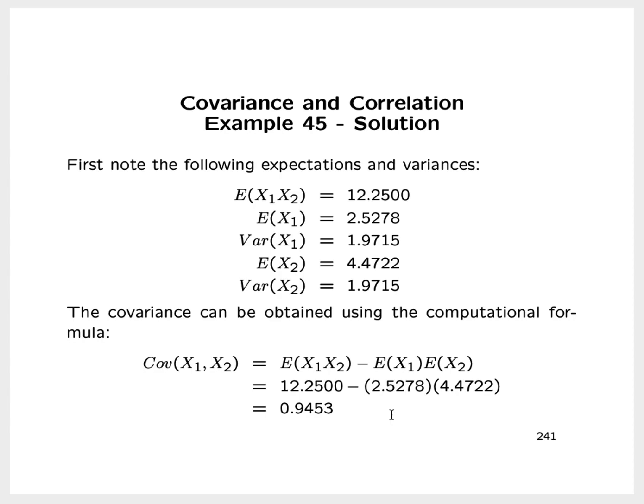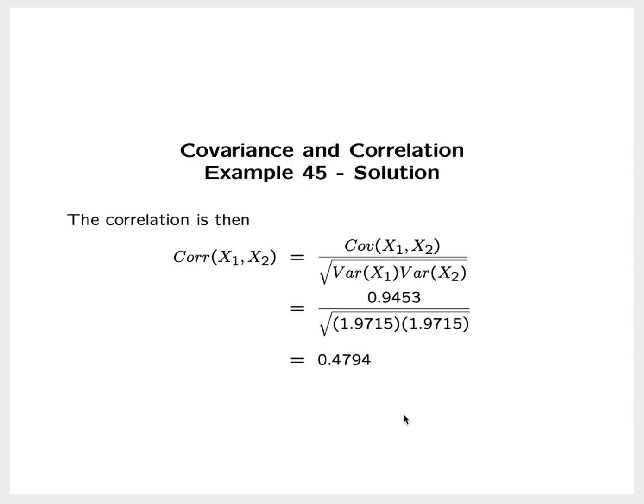Next, we'll calculate the correlation. Now remember, to get the correlation, we divide the covariance by the square root of the product of the variances. And so we'll do that on the next slide here. So the correlation between x1 and x2 turns out to be 0.4794. So that's a moderate correlation.